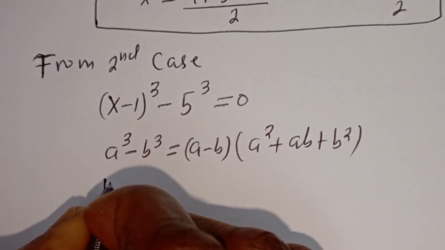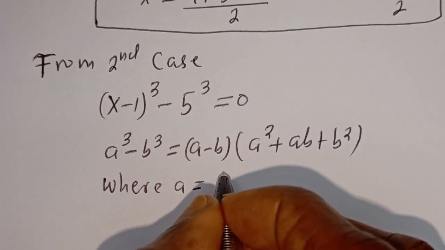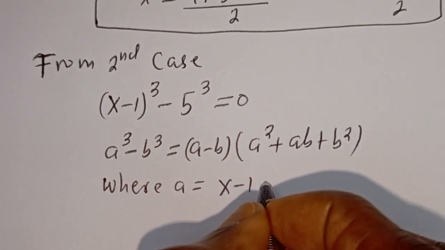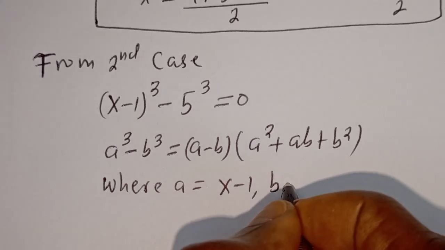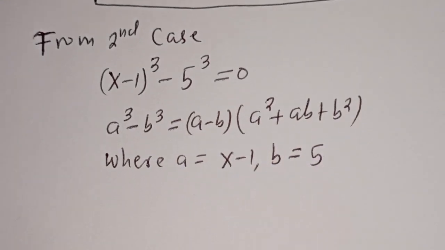where a is equal to x minus 1 and b is equal to 5. Now let's compute.